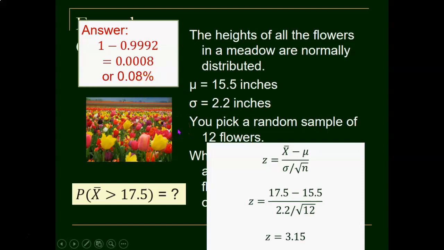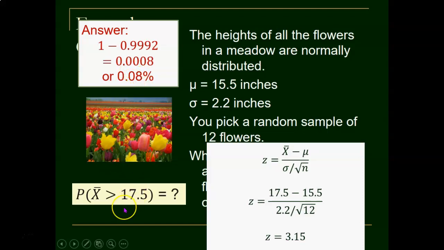If you remember last time, we found the probability that a flower would be more than 17.5 inches high. It wasn't a huge probability, but it was something that could happen. But here we've got the probability that the 12 flowers in your sample have an average height of greater than 17.5. That is very unlikely to happen.